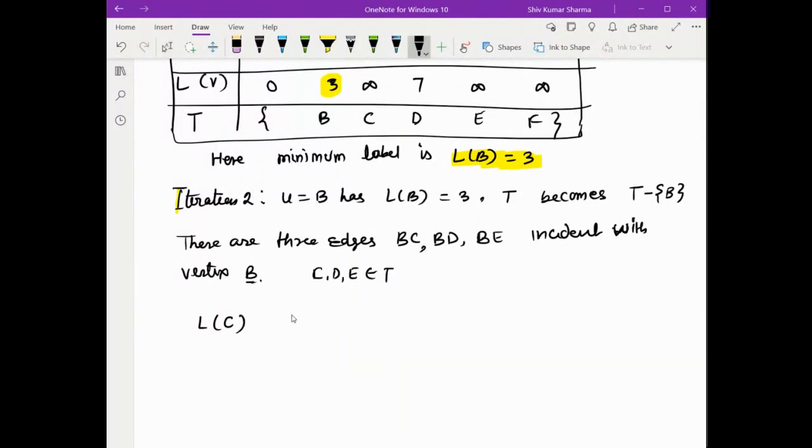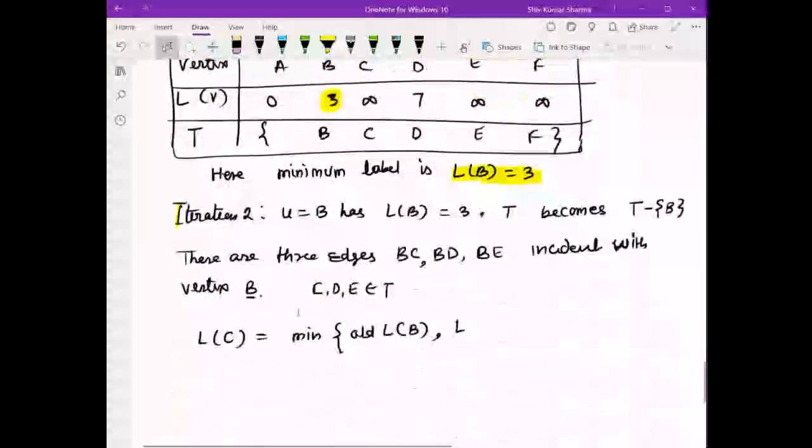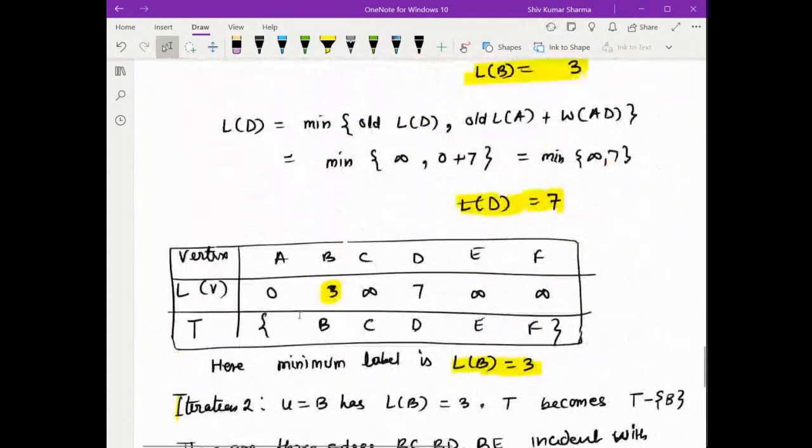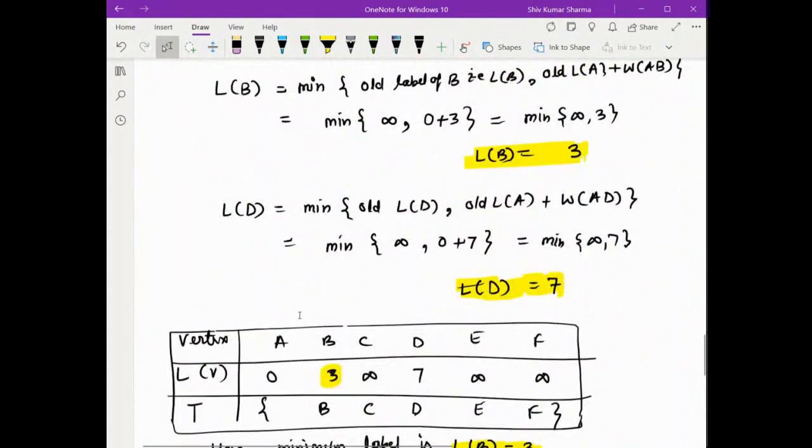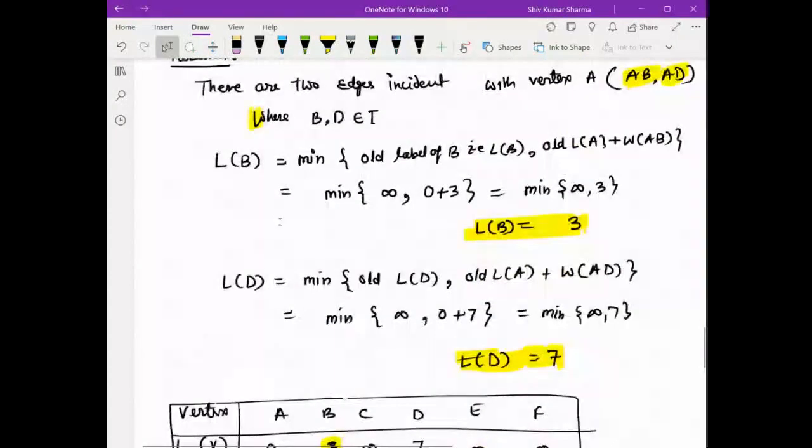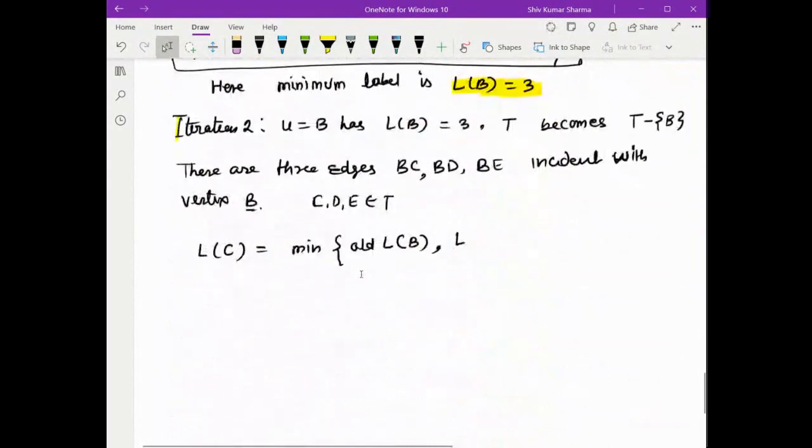So we start with C, no issue. So this is equal to the minimum of, you remember the formula, minimum of old level of vertex C and old level of vertex B plus weight of BC.